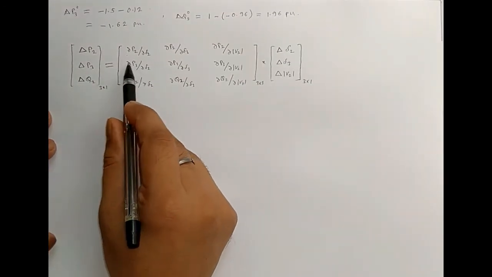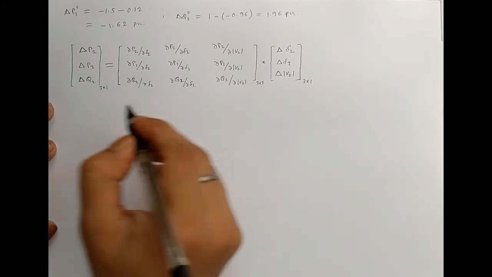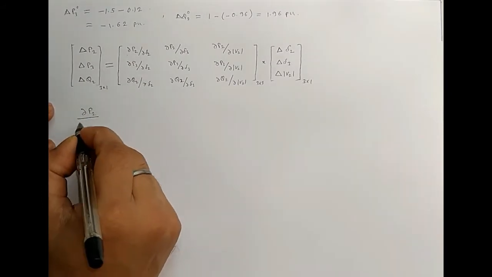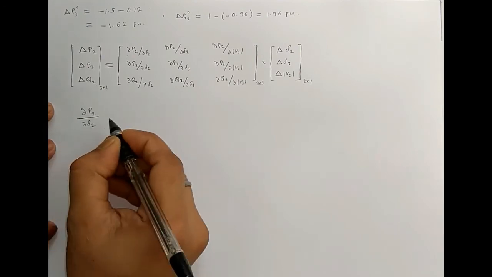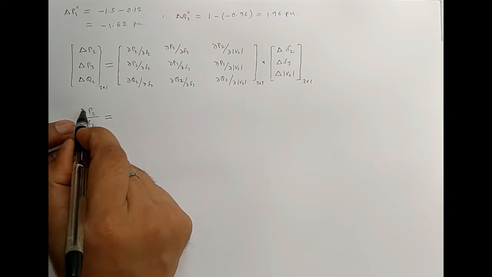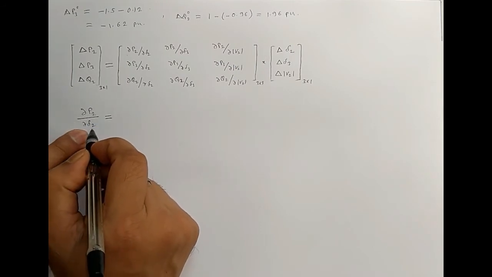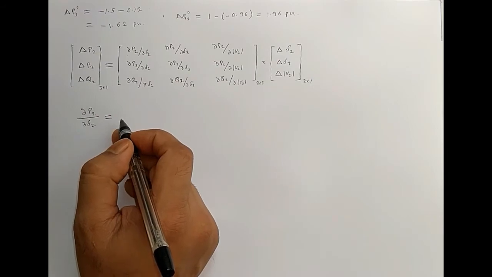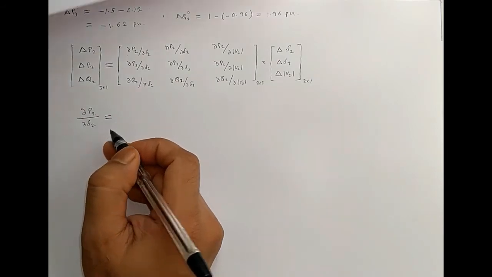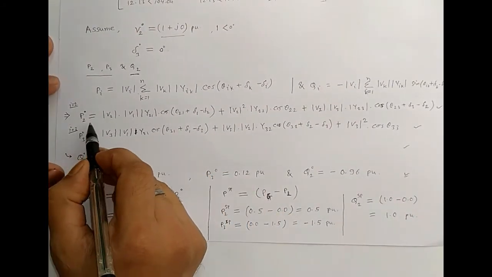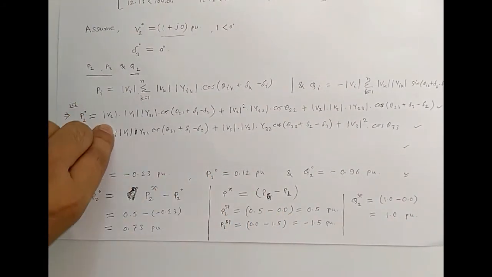Now how will these terms be calculated? We know that del P2 by del delta 2 is what? We have to differentiate P2 with respect to delta 2. The equation for P2 was already derived earlier, P2 was this equation.